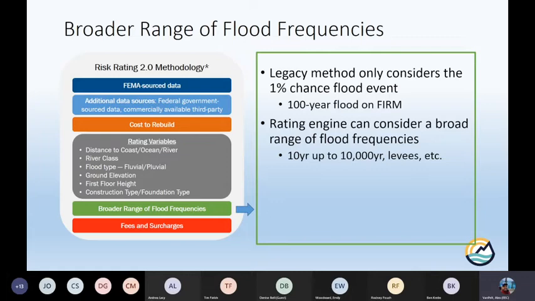Let me give you guys a great example. Hurricane Harvey was either an 800 or 1,000-year event there in Houston. Policyholders are now going to have that lower risk level factored into their flood risk.